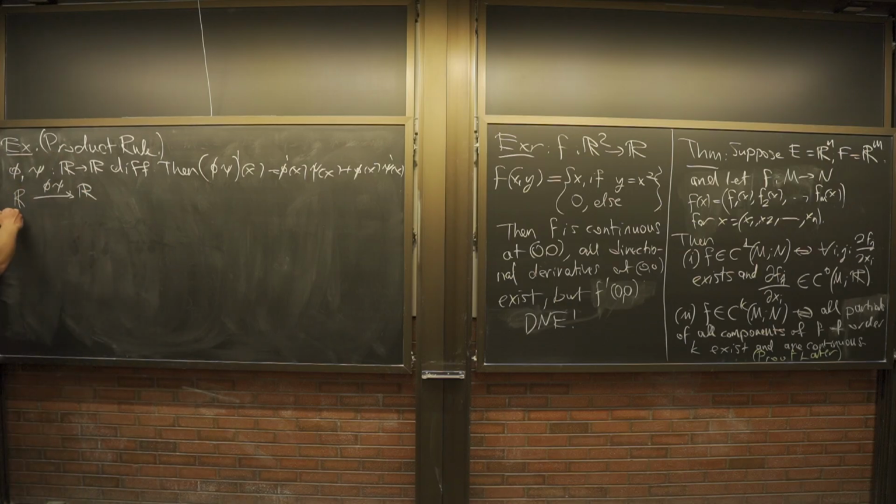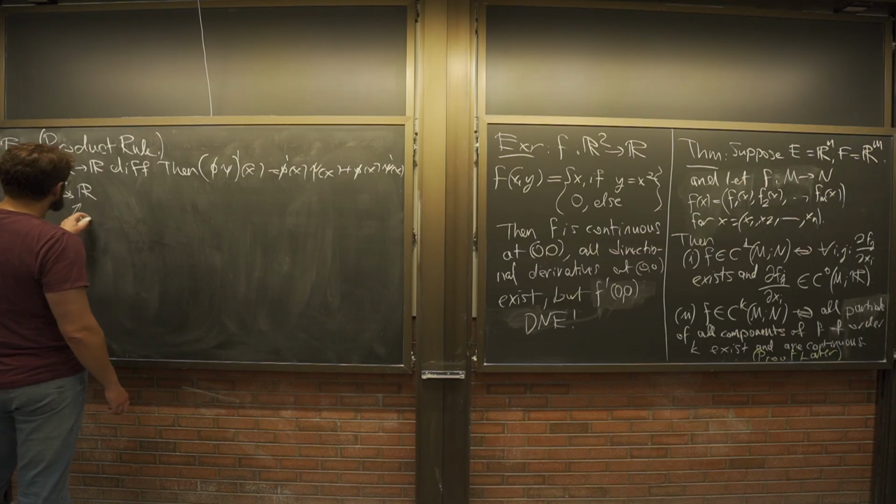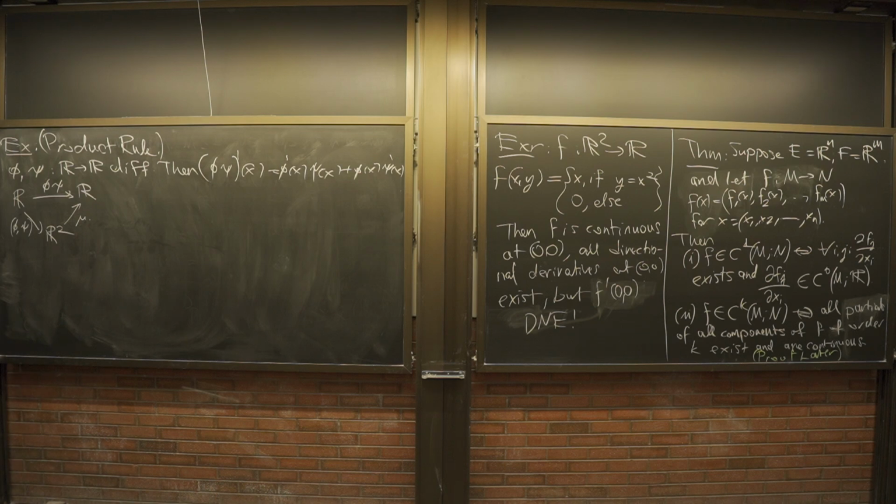So it's a function from reals to R squared, whose components are phi and psi. First component is phi, second component is psi. And then the second function is going to be multiplication of numbers, which I denote by mu. And so this product function is the same thing as this composed with this.